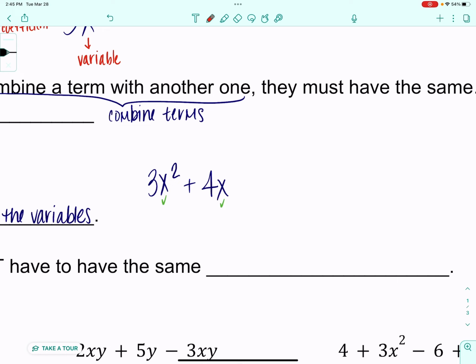So these would not be like terms. I am not able to combine those because it's not 4x squared. If I've got a squared on one variable, like the x, I have to have a squared on the other x in order to put them together.